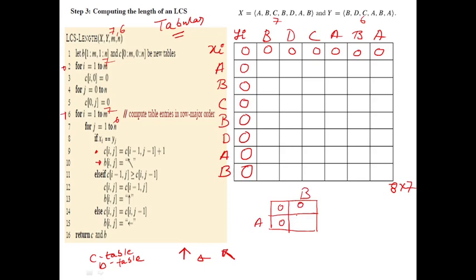I'm comparing this A with this B. A is not equal to B. When there is a not equal, that means not matching, that time you have to check this diagonal, and whichever is the maximum, that value you have to put here. So let's say here it is 1, even though not matching, if it is 1 and it is 0, you'll put here 1. But in this case 0 0, so you put 0, there is no match.